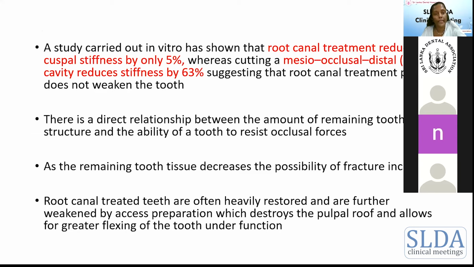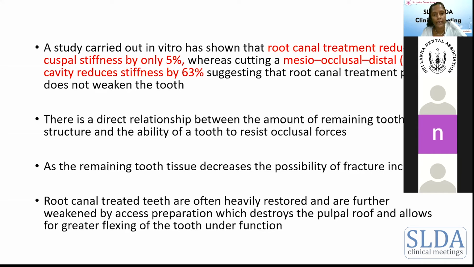There are a lot of studies regarding root canal treatment and tooth structure. A study carried out in vitro has shown that root canal treatment reduced the cuspal stiffness by only 5%, whereas a mesio-occlusal distal cavity reduces stiffness by 63%, suggesting that root canal treatment does not weaken the tooth per se.